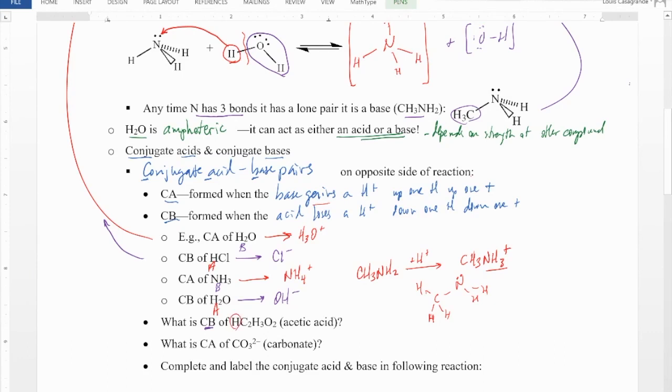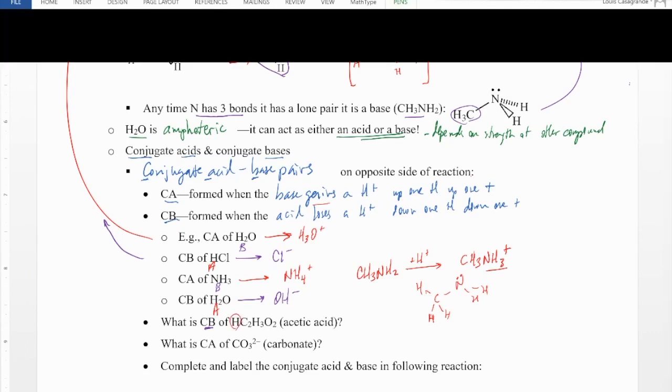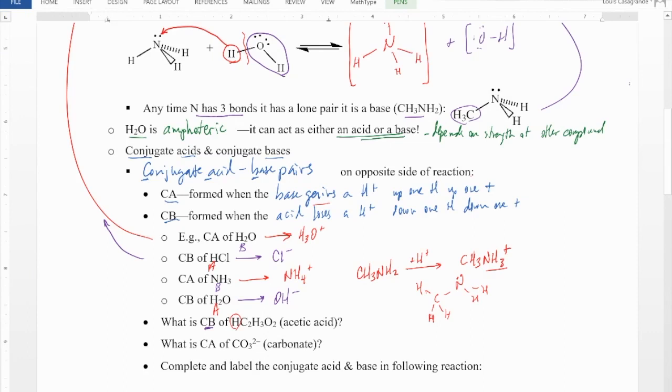We're going to take that proton and remove it, and so the conjugate base is going to be C2H3O2 minus, or we can also write it CH3COO minus, where that H at the end of the COOH has come off.